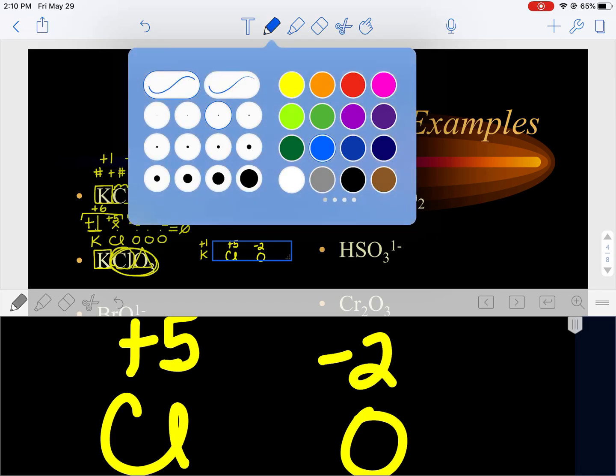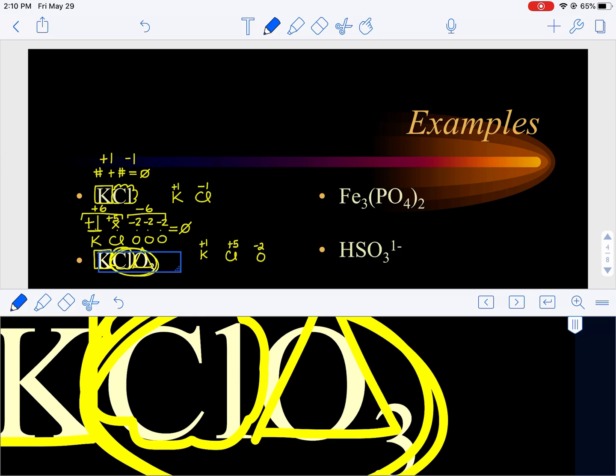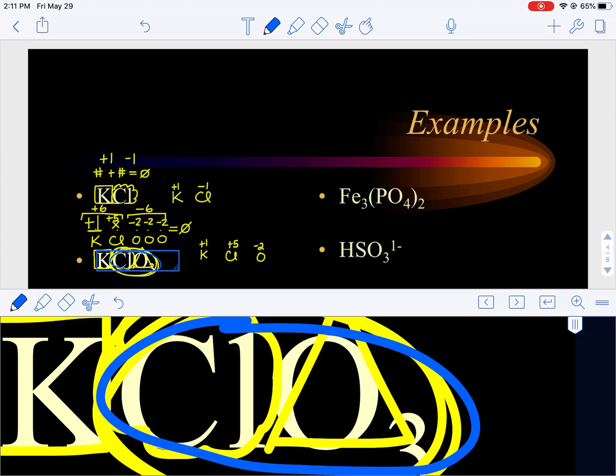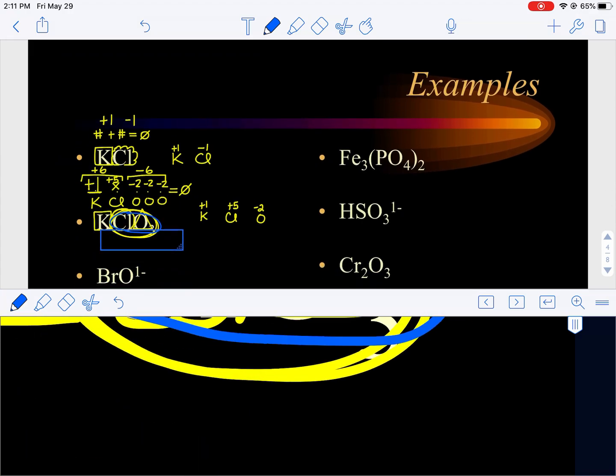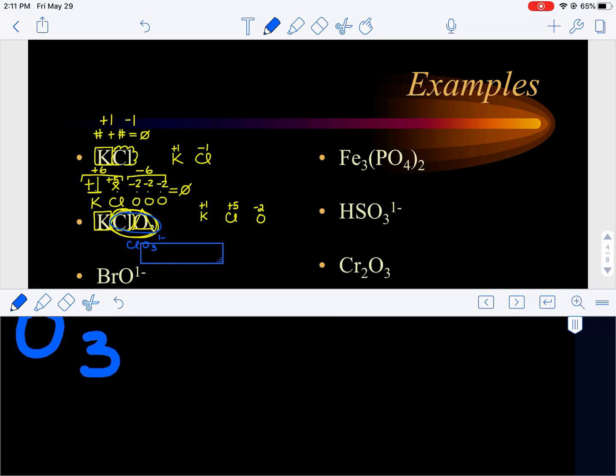If I could just bring your attention to one more part of this compound, one of the rules that you wrote down said that you could also look at the polyatomic ion. In other words, ClO3 has a 1- charge.